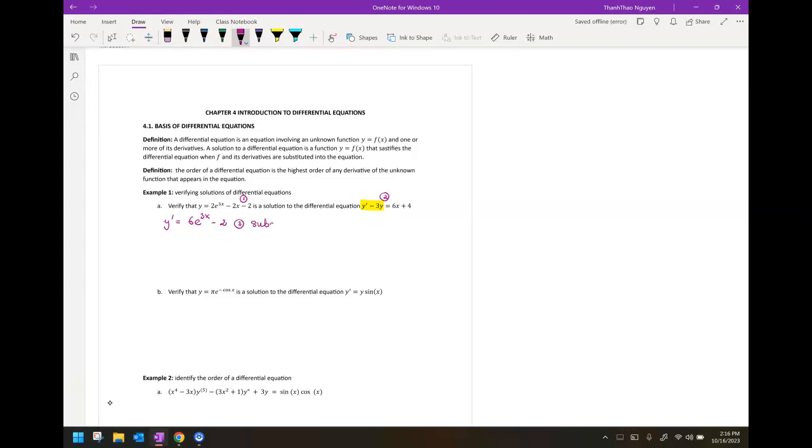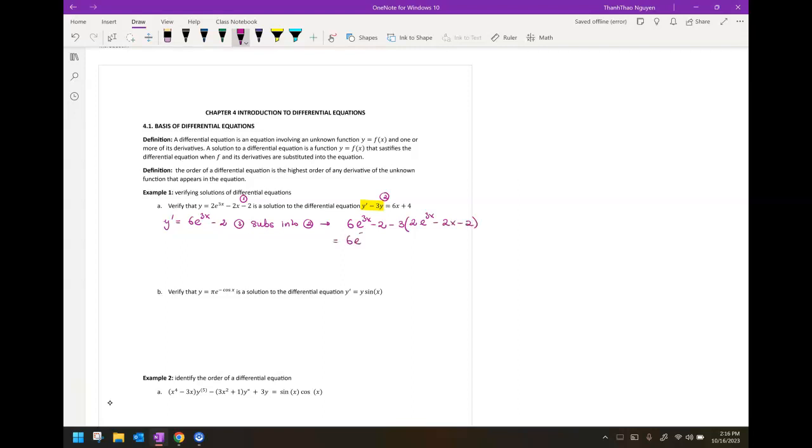We substitute equation 3 into equation 2. On the left-hand side of equation 2, we get y prime, that is 6 times e to the 3x minus 2, minus 3 times y, equal 2e to the 3x minus 2x minus 2.